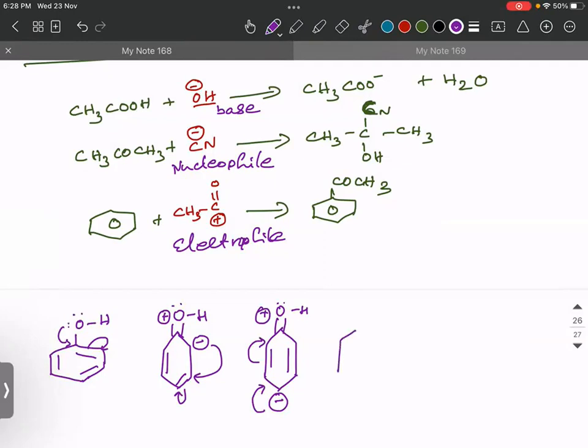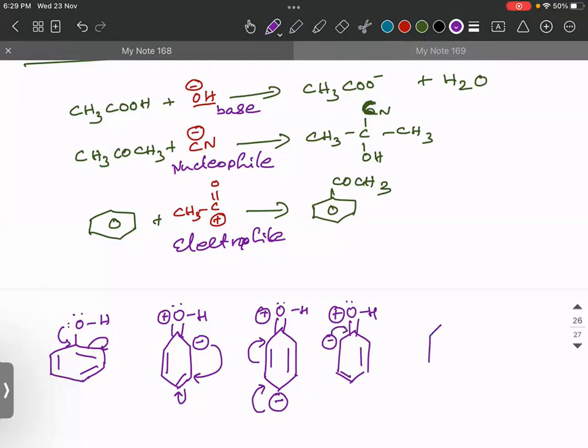Correct. Here minus. Double bond. Now this minus should be here.